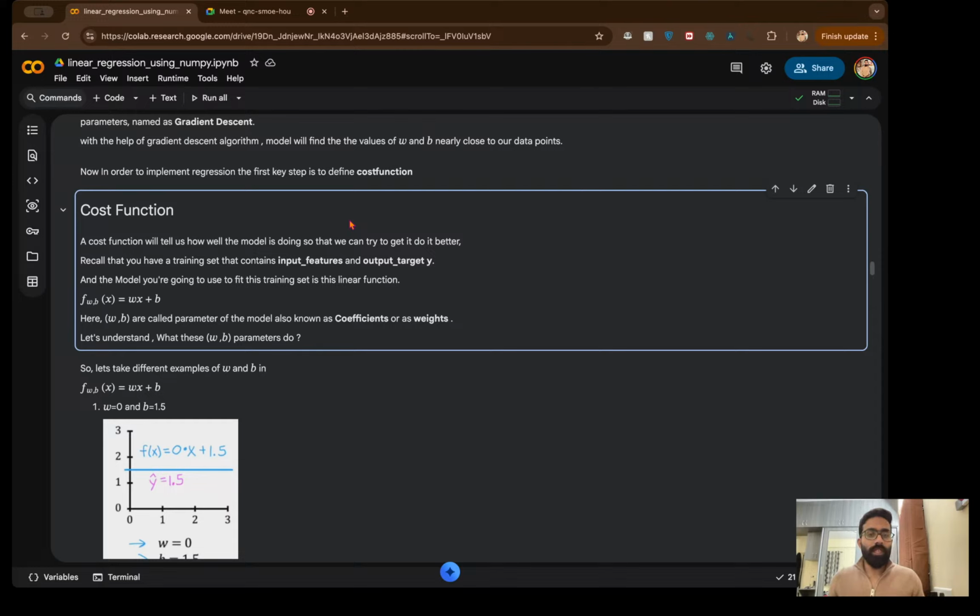Out of 1,000 examples, it was able to predict 900 examples well and 100 examples wrong. I'm oversimplifying it, but let's say in the test data set, it was predicting 1,000 values, and I know what the right value of that is.